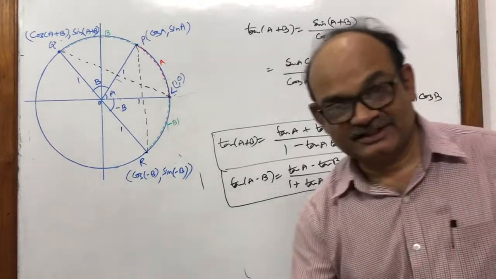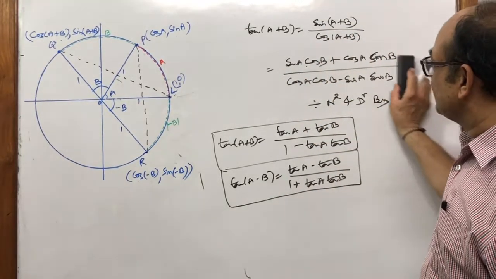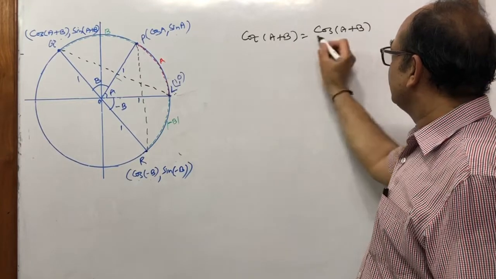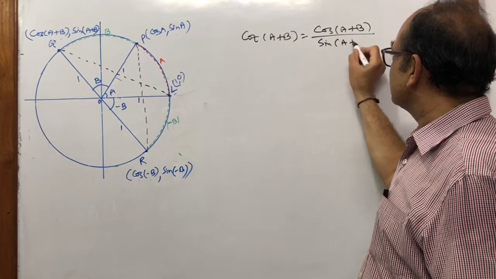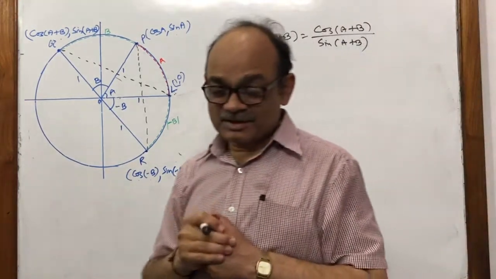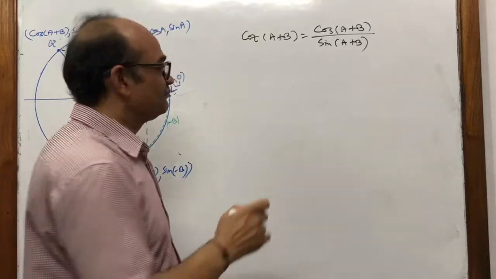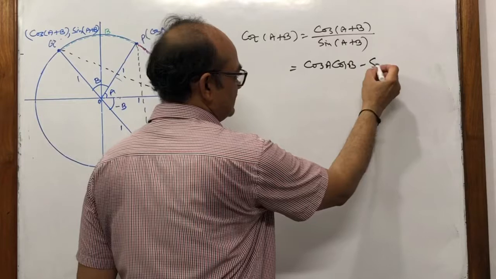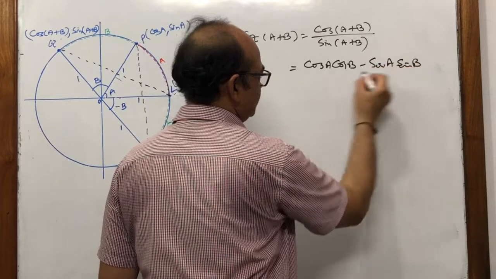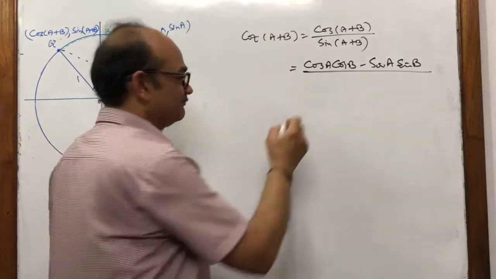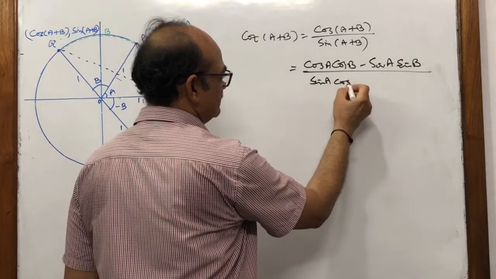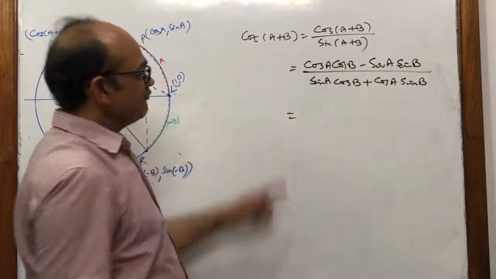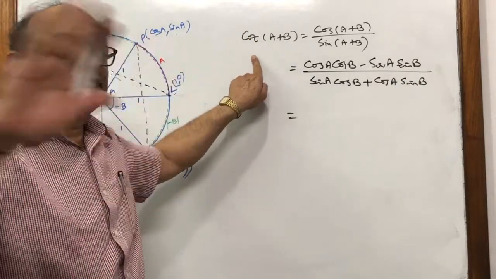So here we have two more forms, tan A plus B and tan A minus B. And for today's lecture, the last point is cot A plus B. Cot A plus B we can write as cos A plus B divided by sin A plus B. The cos A plus B formula we have just derived: cos A cos B minus sin A sin B. What is sin A plus B? Sin A cos B plus cos A sin B. This time our aim is cot, it means we want cot everywhere.